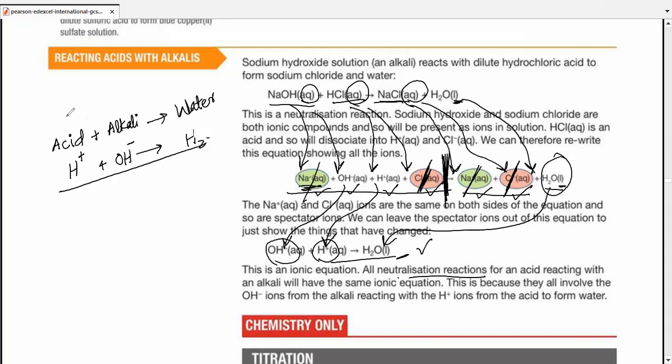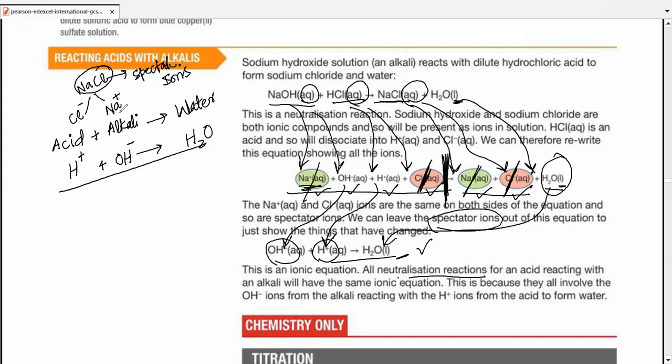Because the negative ion in the acid and the positive ion in the alkali actually react together to form the salt, this one, and we call them spectator ions. These are then known as spectator ions. Spectator ions are the ions which do not exactly participate in this neutralization reaction, because hydrogen ions from the acid tend to rush towards the hydroxide ion in the alkali to form water.